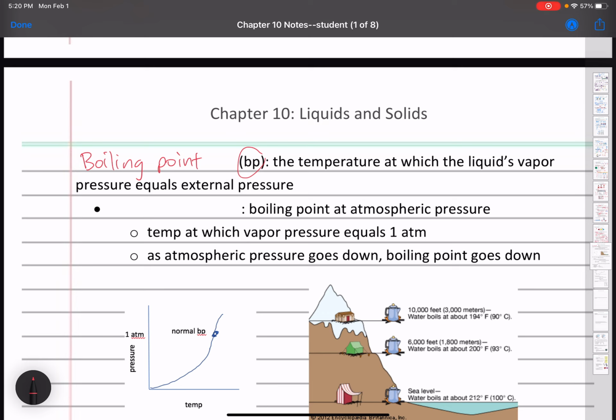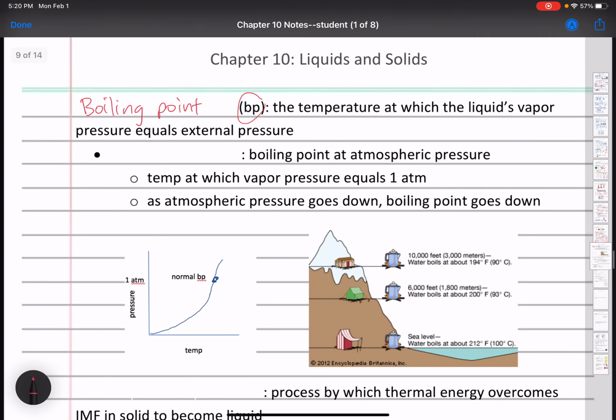So BP in chemistry, the boiling point, is the temperature at which the liquid's vapor pressure equals external pressure. That is the definition. The normal boiling point is the boiling point at atmospheric pressure.